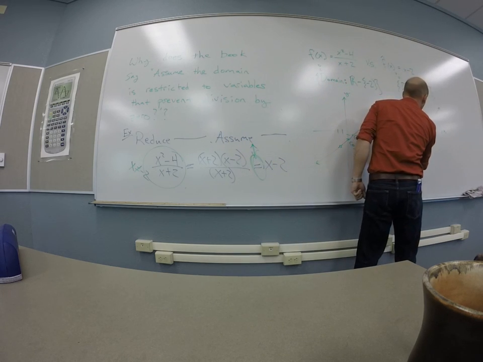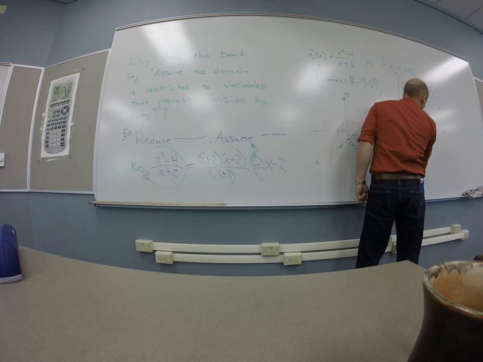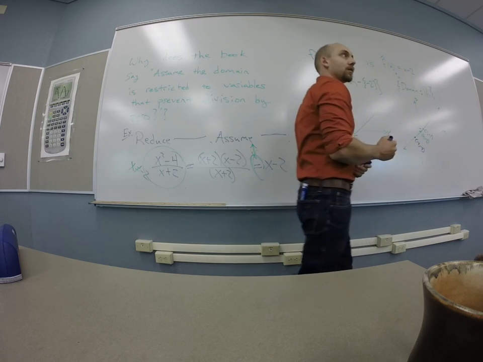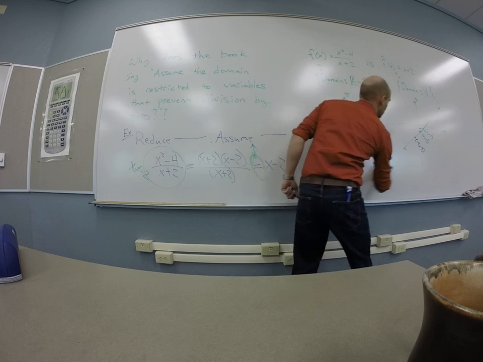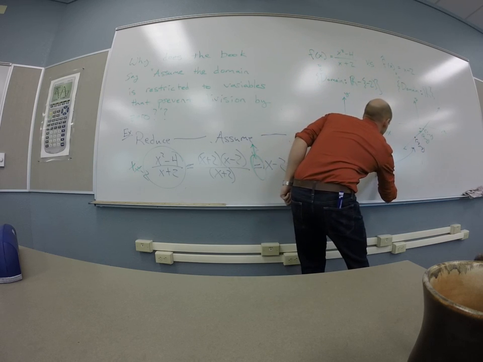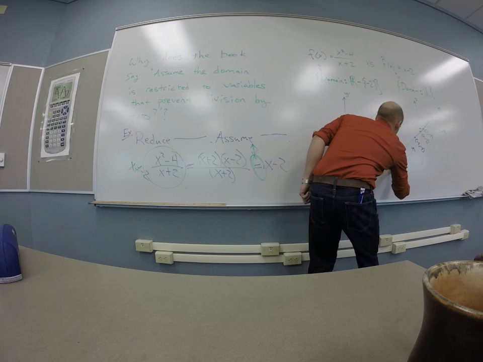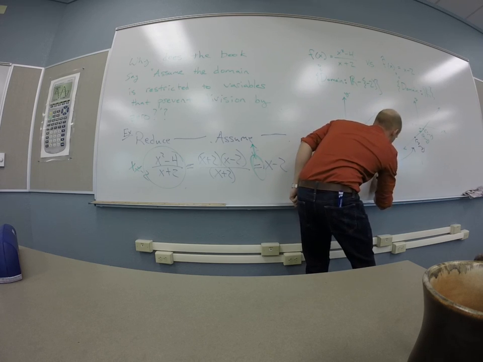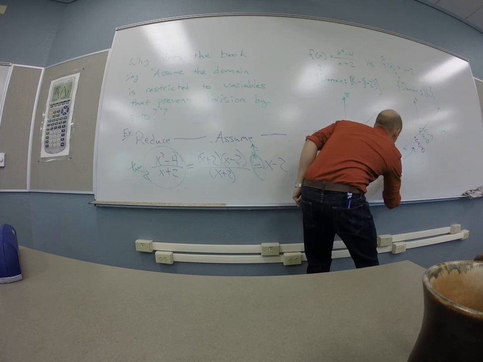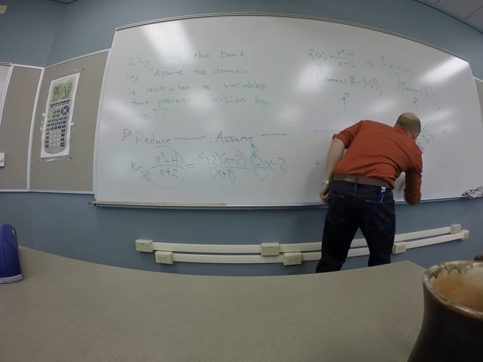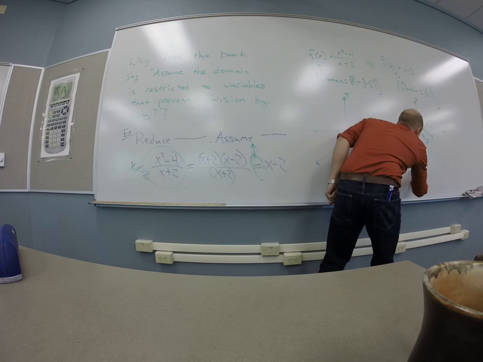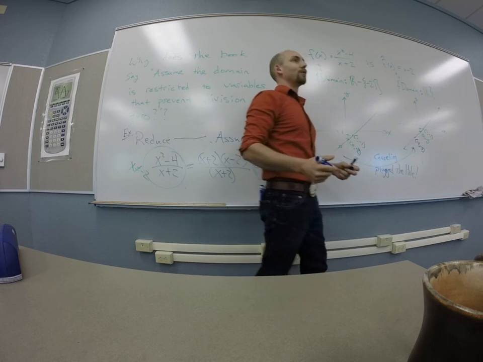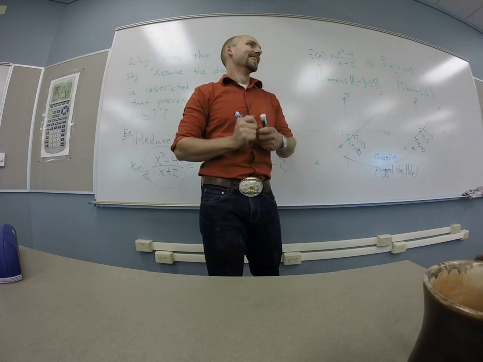Here there's a point: if I go back 2, there's the point -2, -4. So the difference between these is that canceling plugs the hole.